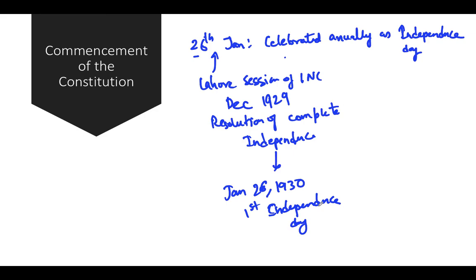We choose our ruler. The common people, the citizens of the country, have the power to choose their ruler. So here the rulers are selected by the wish or by the vote of the common people or the citizens of the country.